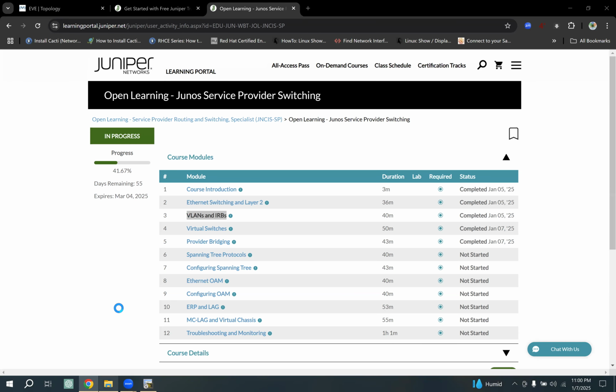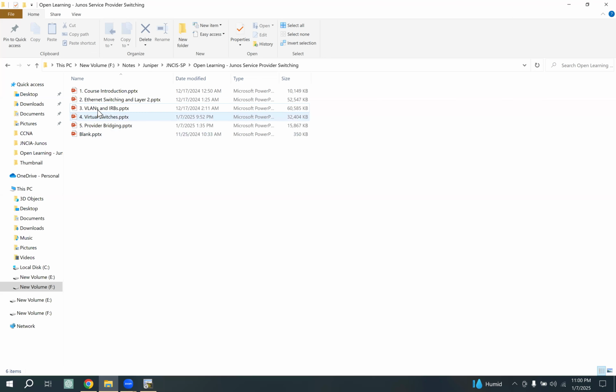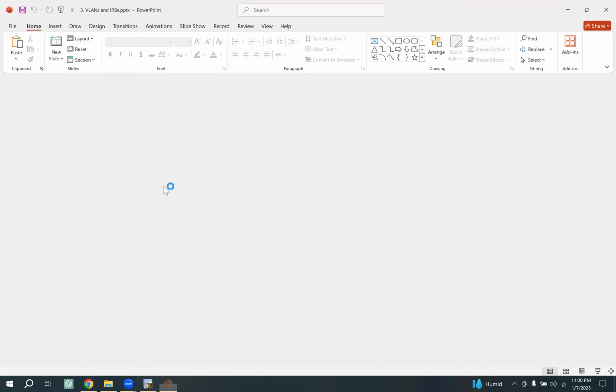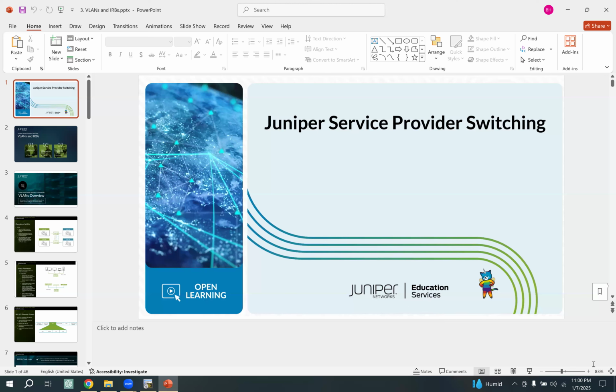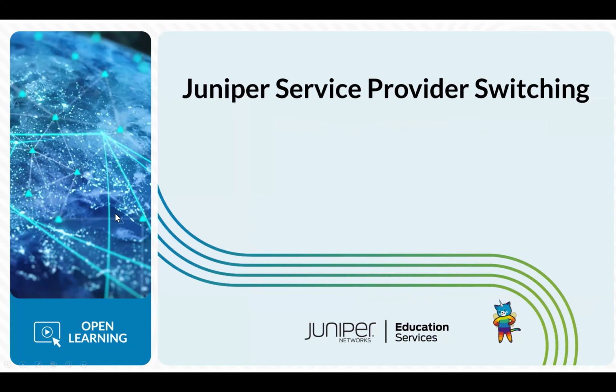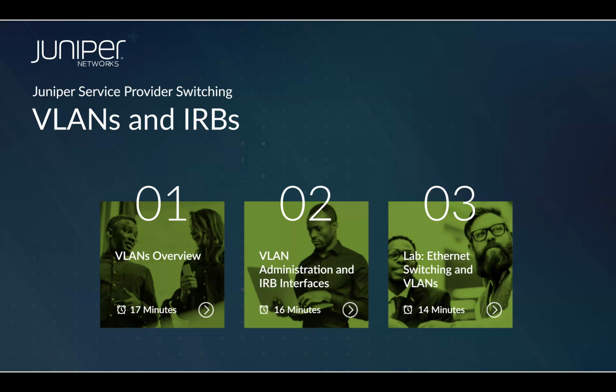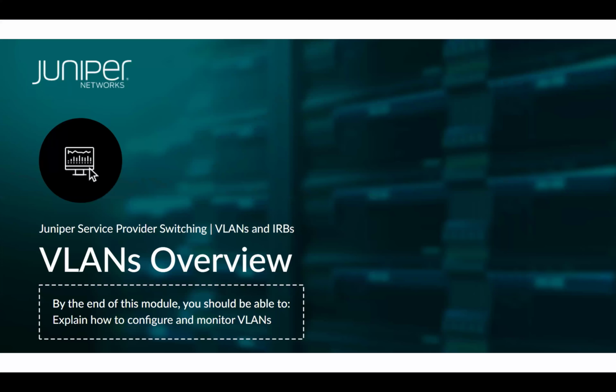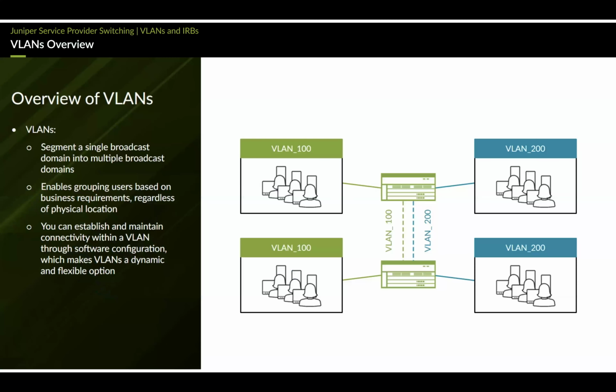Okay, so go to our slide, VLANs and IRBs. Juniper service provider switching. Today our topics are VLANs and IRBs. First one is VLAN. We're discussing VLAN. So first, what is VLAN?